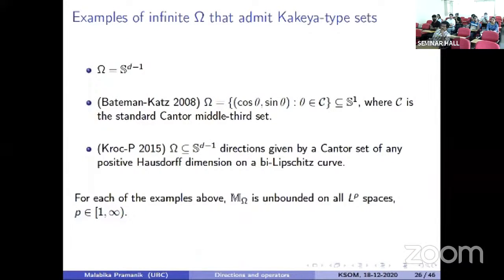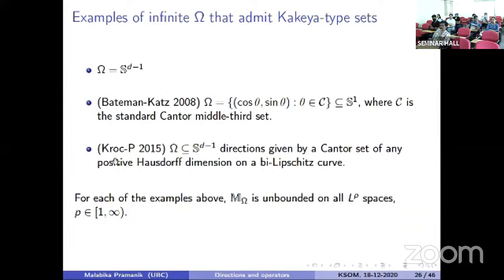Here are some examples of sets of directions that admit Kakeya type sets. Of course, the full set of directions in the plane, the unit circle, is an obvious choice. Another choice is the set of directions whose angles lie in the Cantor middle third set. This was shown by Bateman and Katz.